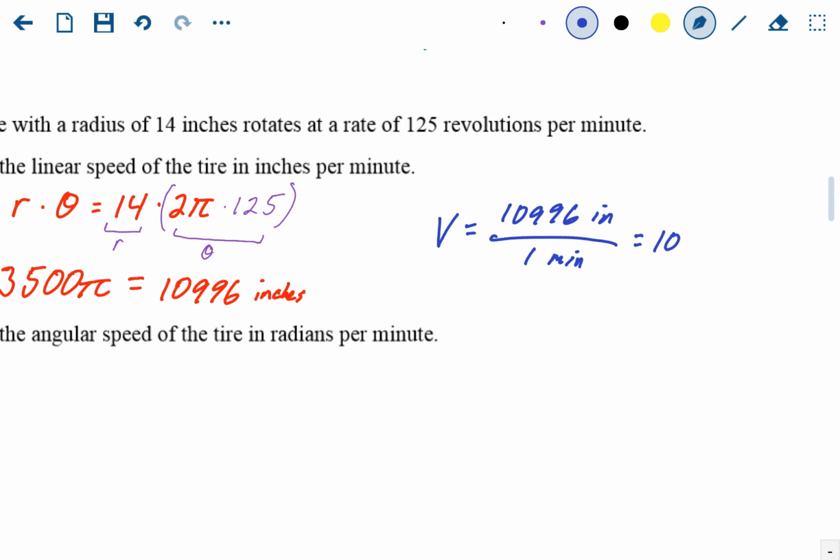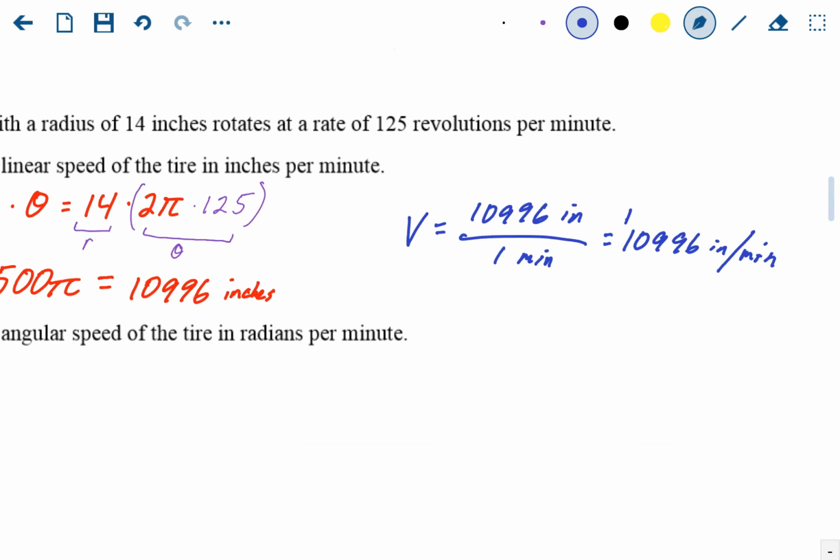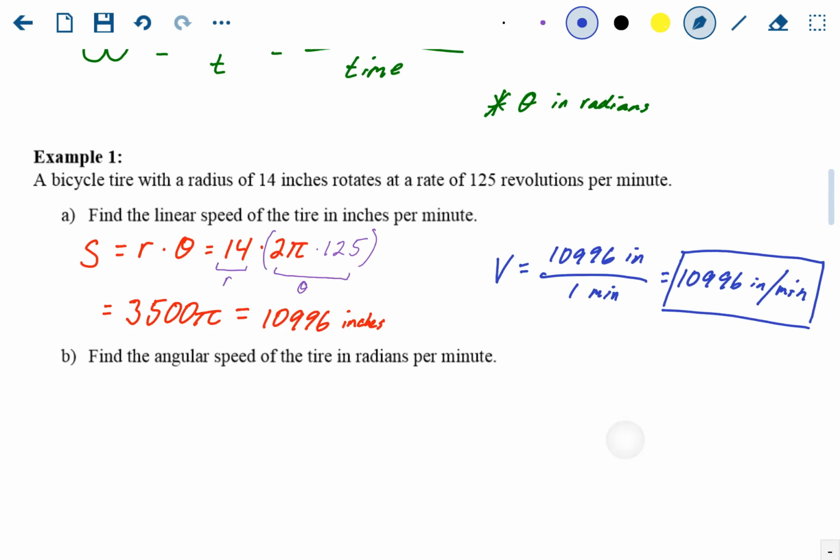So we're going to say this goes 10,996 inches per minute. All right, so that's the linear speed, the distance it traveled in a minute.